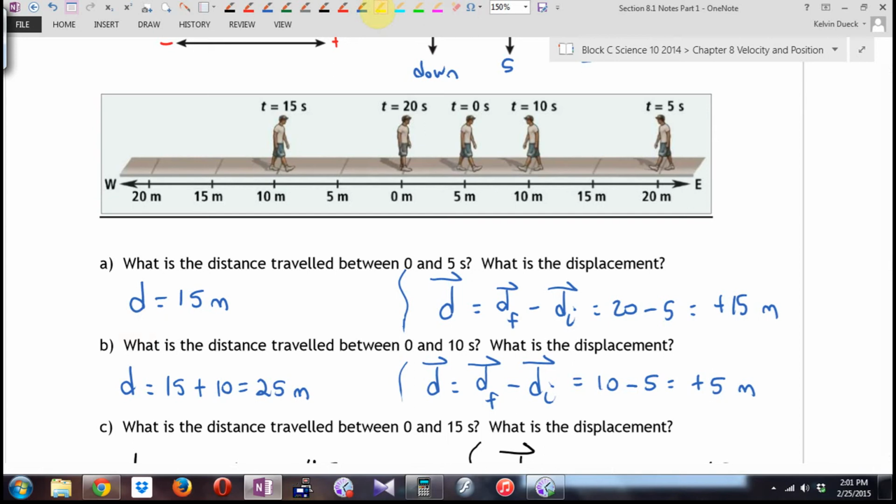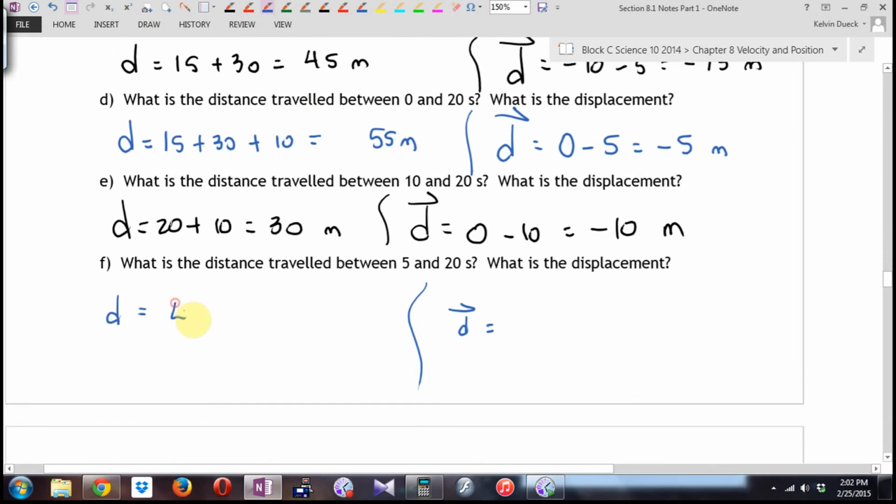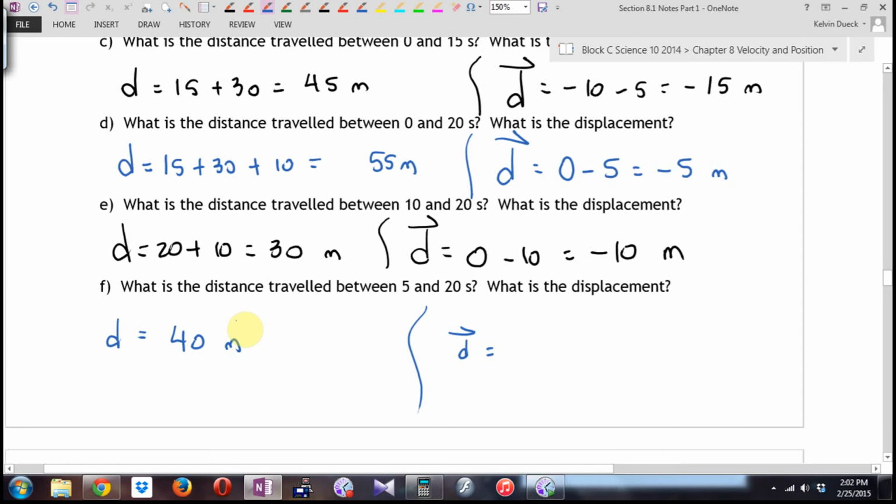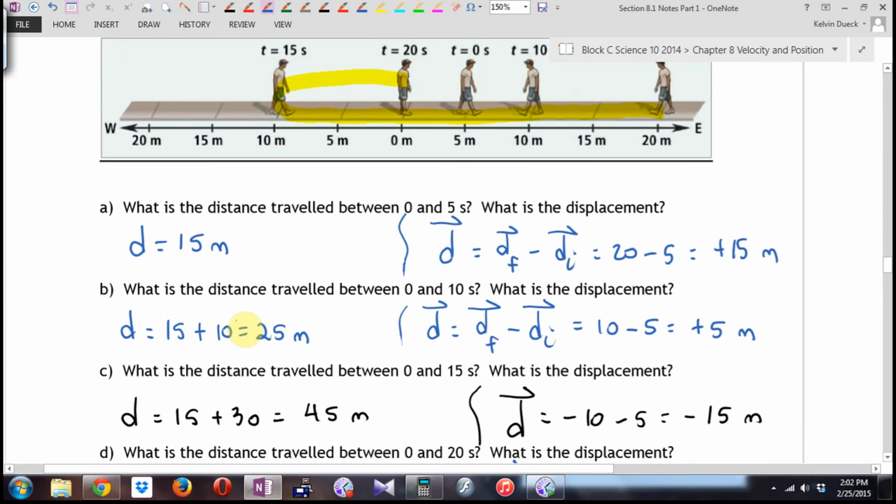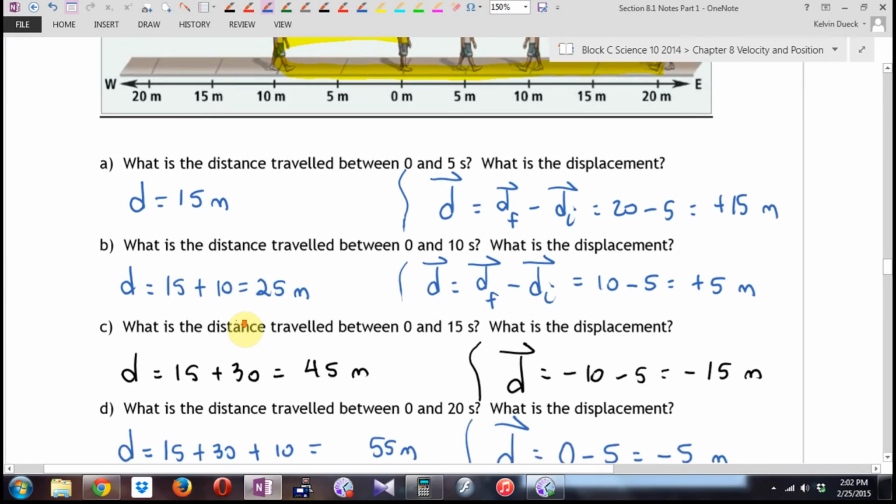Between 5, that's here, 10, 15, 20. Final.